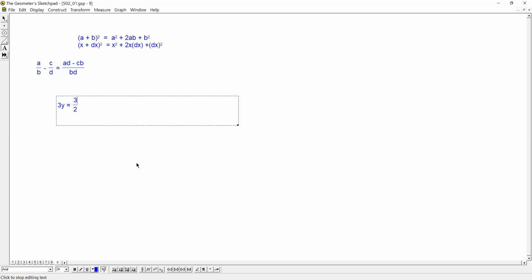Now if I want to divide by 3, how do you divide? This side you divide by 3, what you get? This one you divide by 3, what you get? y. This side you divide by 3, what you get?